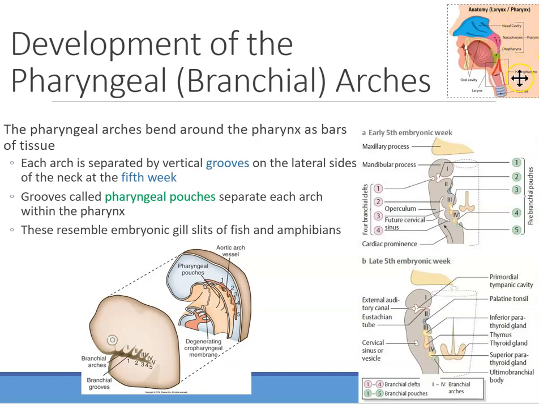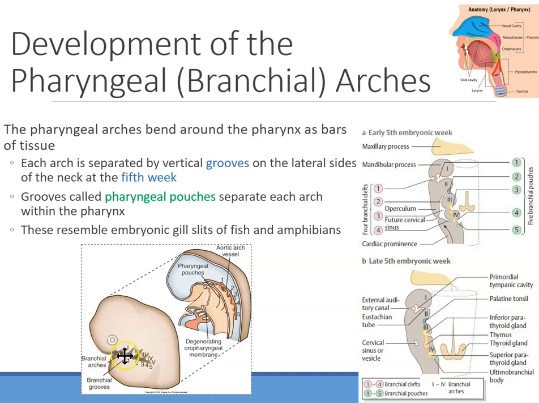It's all part of the pharynx, okay? What's cool about these arches is that each number, pharyngeal arch 1, pharyngeal arch 2, they all become something. It's really cool. The baby's features are going to develop from these arches. So we're going to look at that.